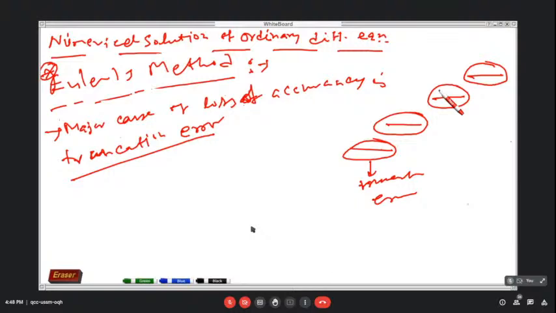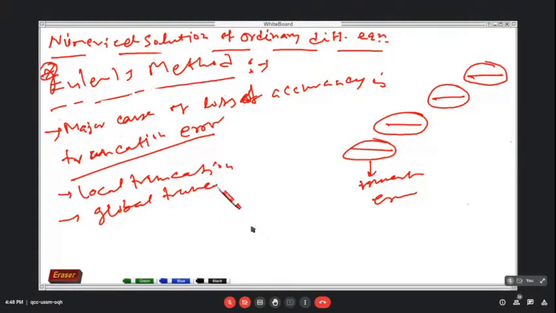So the local truncation error is, so there are two types: one is local truncation error, another one is global truncation error. Local means in each step you have this truncation. Global means local plus propagated, right?